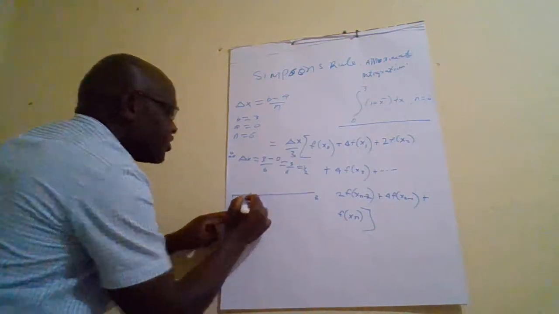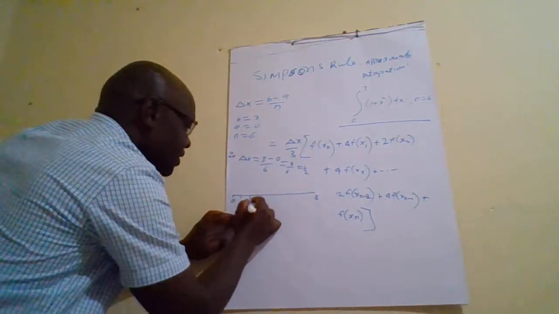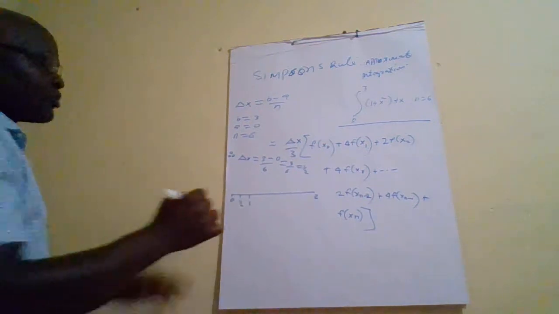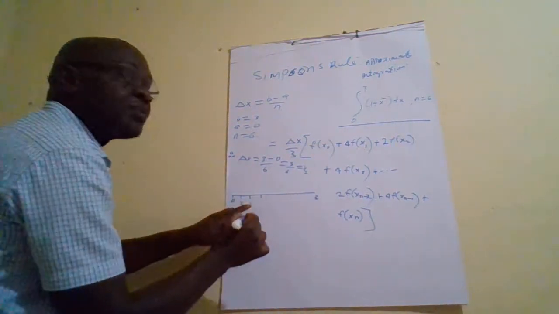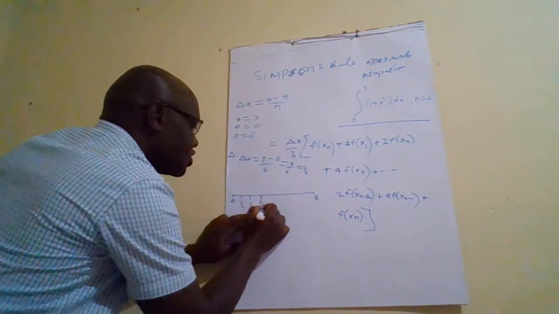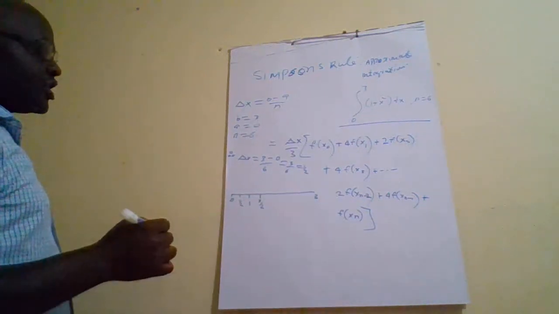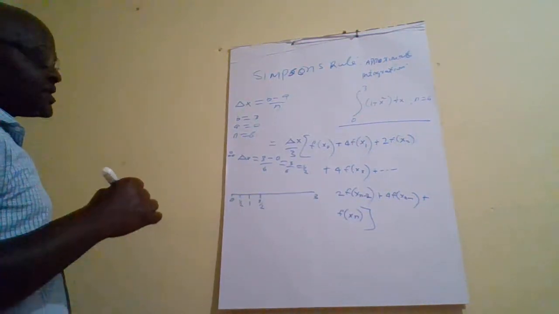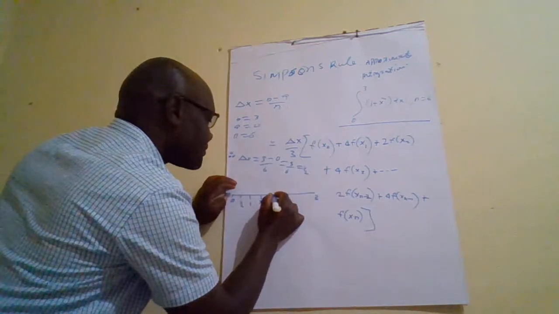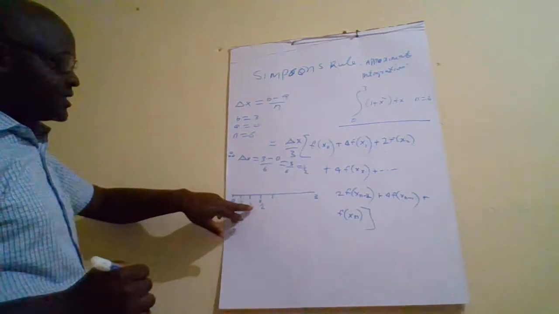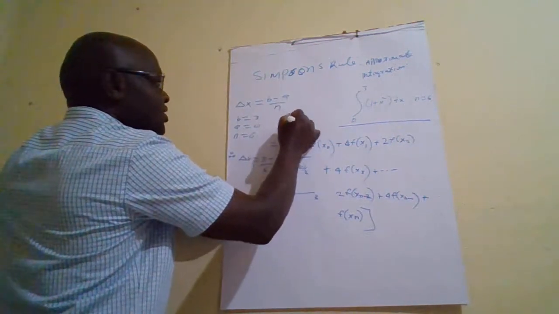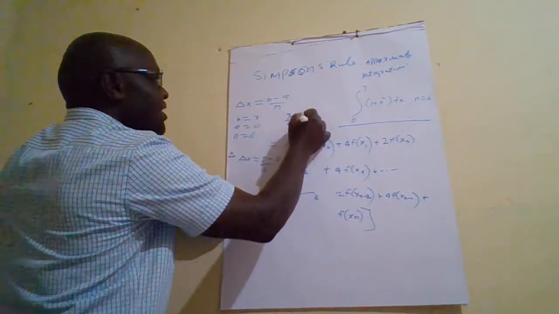Then a half plus a half, we have 1. Then 1 plus a half, we have 3 over 2. Then 3 over 2 plus a half.